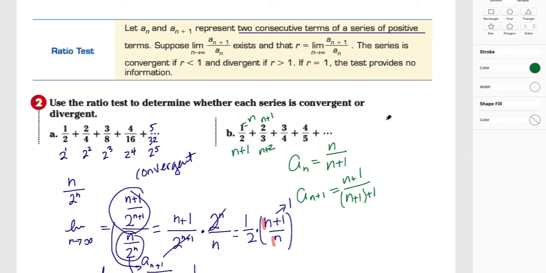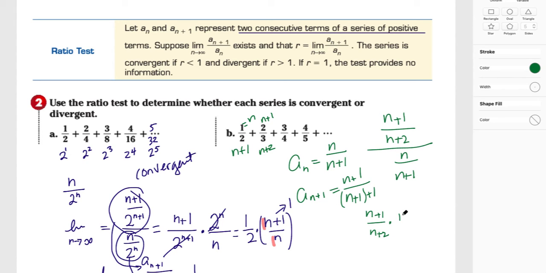Let's do that. So n plus 1 over n plus 2, that's a sub n plus 1, over n over n plus 1. I think it sounds crazy, but hopefully it's making sense to you all. N plus 1 over n plus 2, I'm just coming right down here.